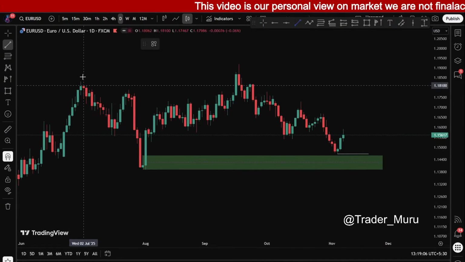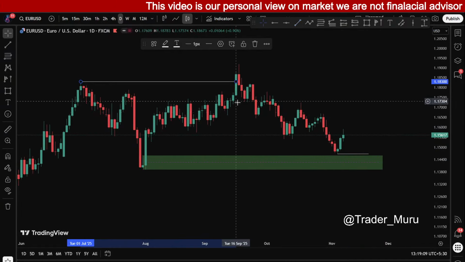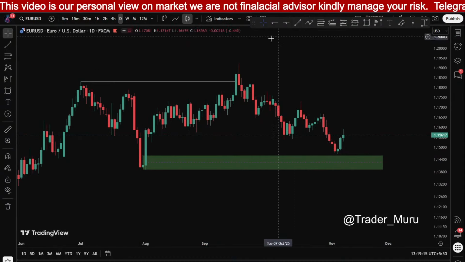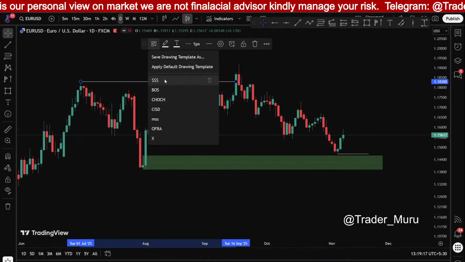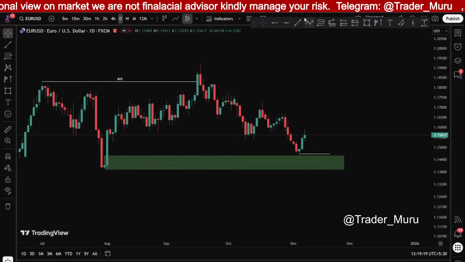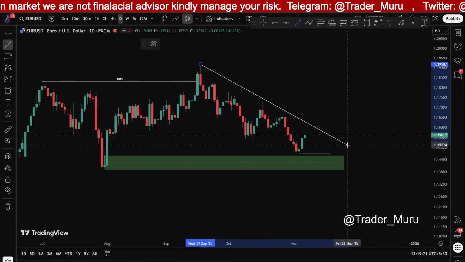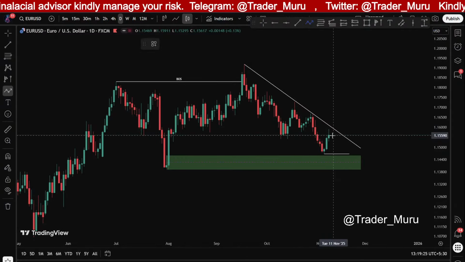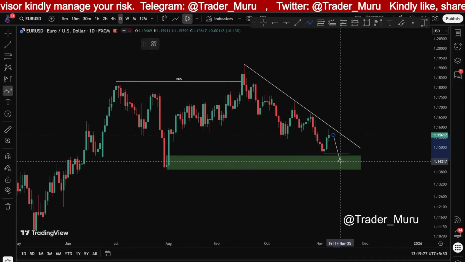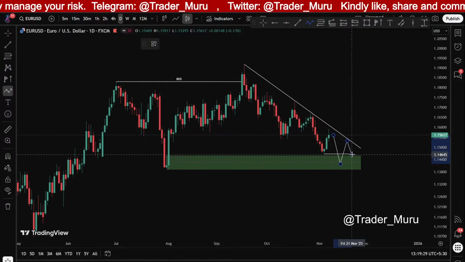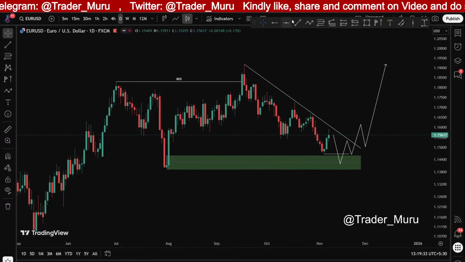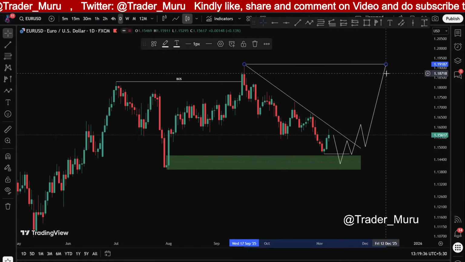Before that, I'm not entering any long position before the area of 1.14607. It is still bullish, and it will move after this trend line break. Maybe some retracement again, then move like this. It can happen, and this will be the move if this area gets filled.